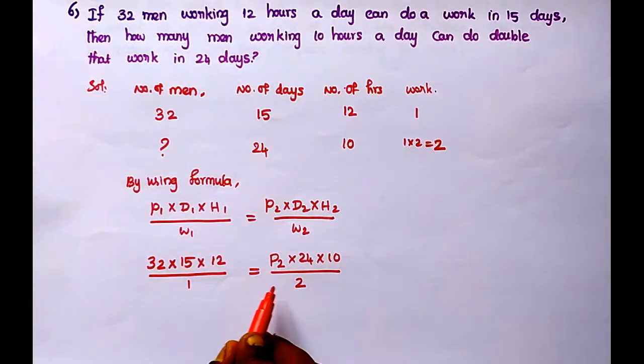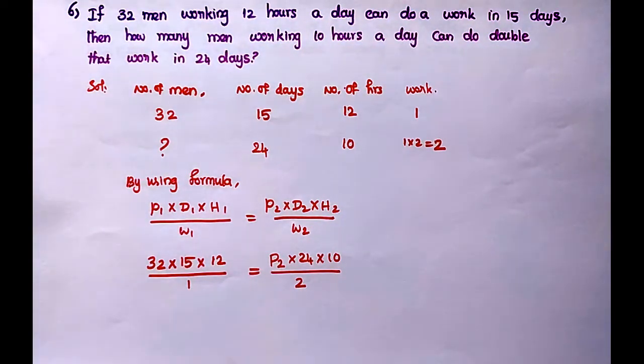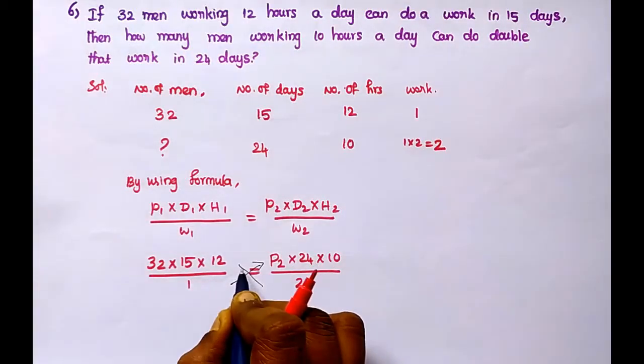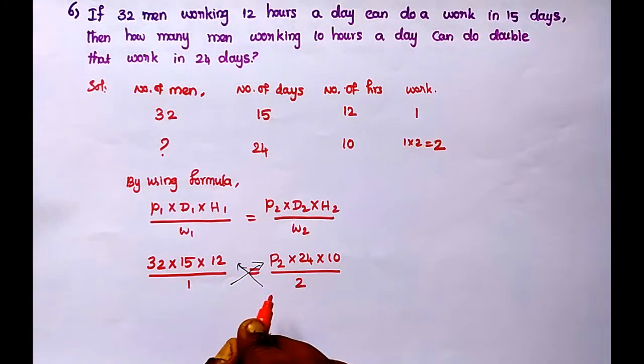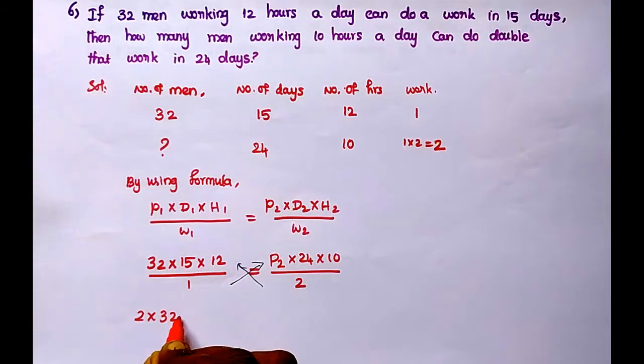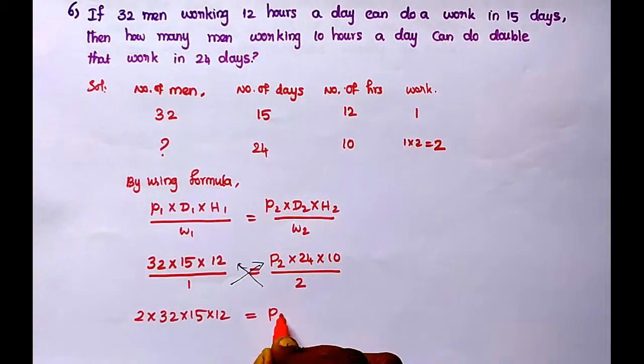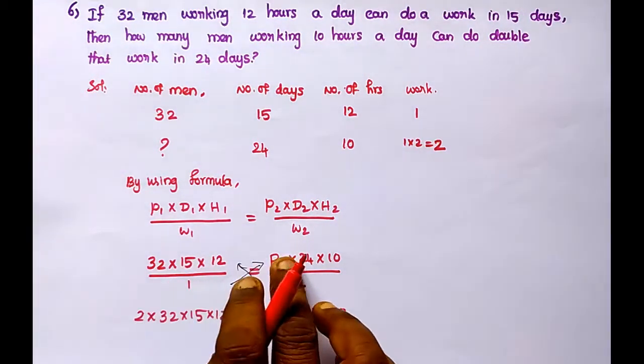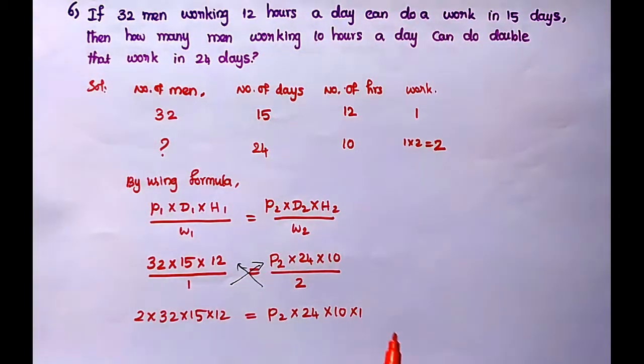Now taking cross multiplication, 2 into 32 into 15 into 12 equals P2 into 24 into 10 into 1. Now change the LHS and RHS.